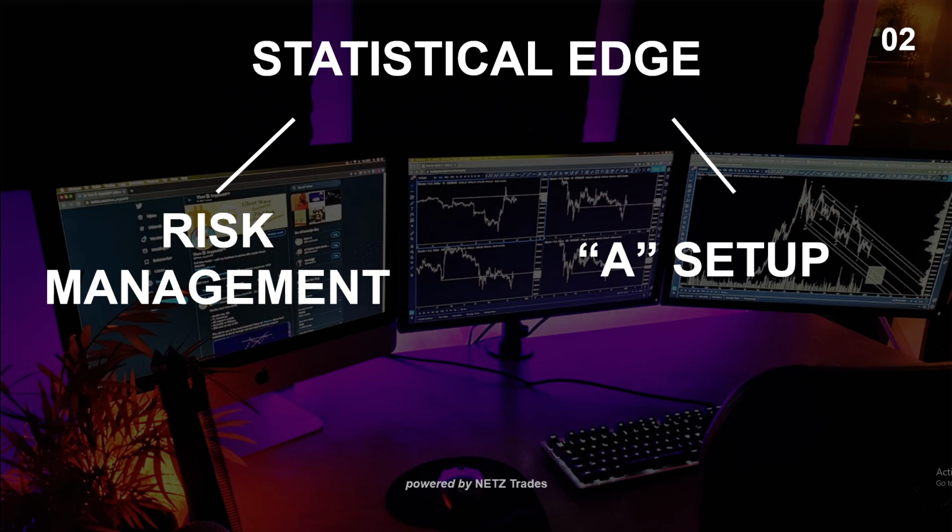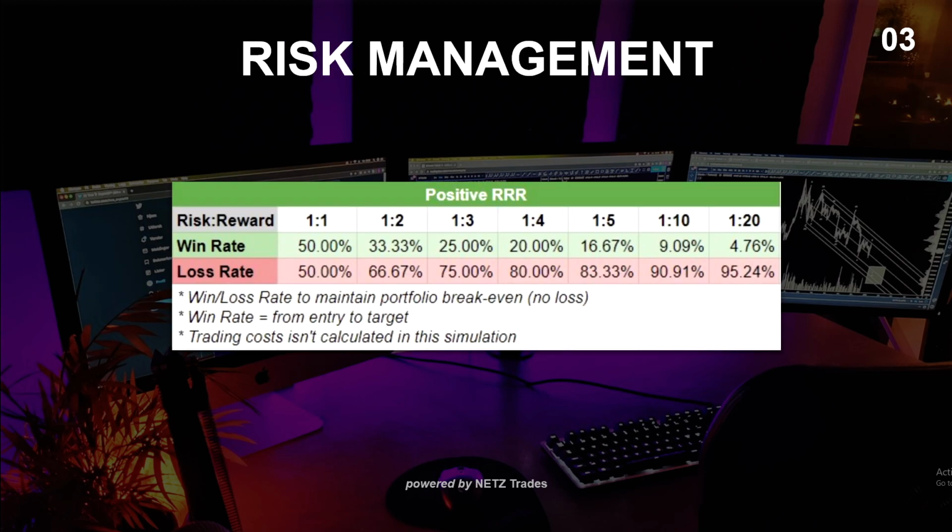The reason risk management is important is because it limits your losses, and it allows you to have a statistical edge in the long run. If we look at this graph, say you have a one-to-one risk reward. You enter a trade with $1,000 and make 10%, that's $100.